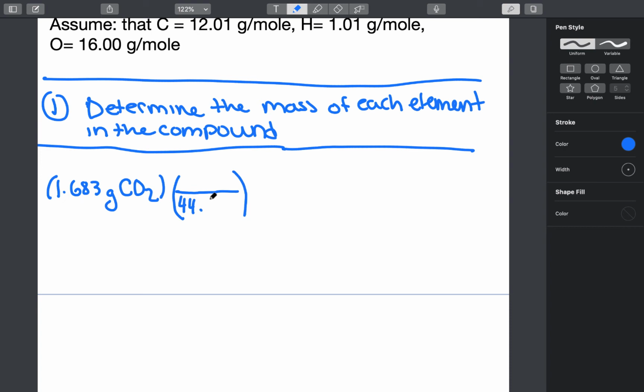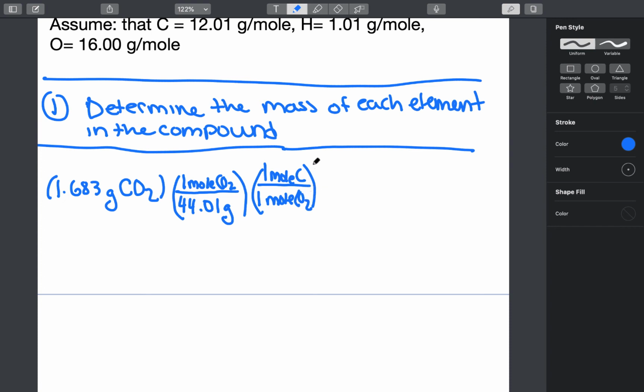So 12.01 plus 16 plus 16, and that equals 44.01 grams per 1 mole of CO2. Now, per 1 mole of CO2, we have 1 mole of carbon, right? Because there is 1 carbon in 1 molecule of CO2.